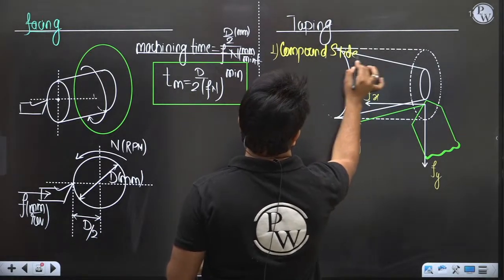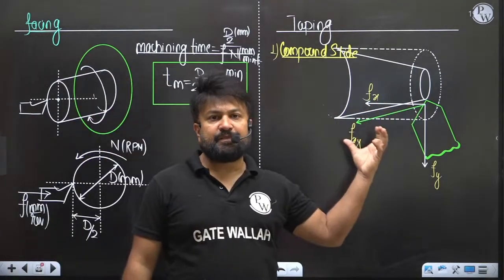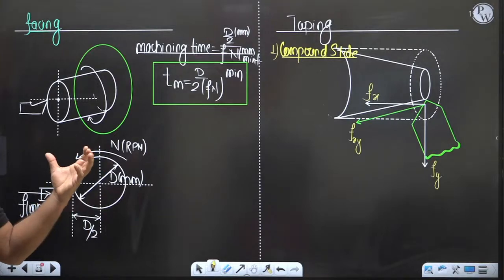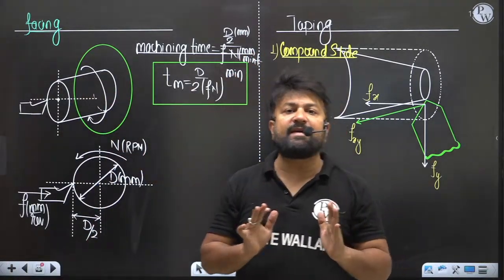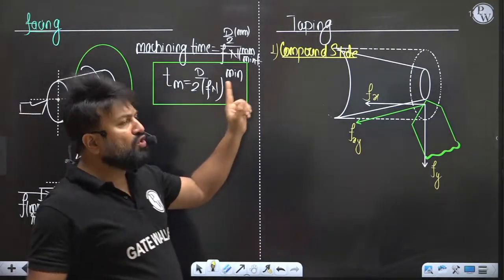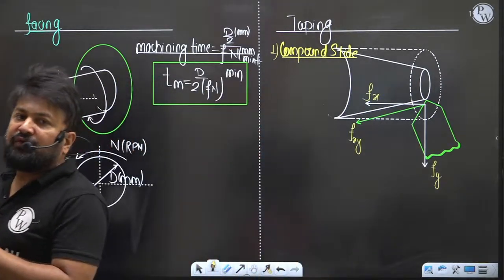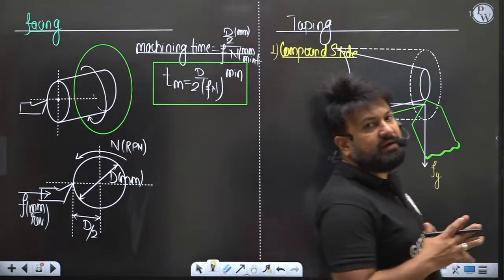In this method we move the tool manually. Here there is limited movement of the compound slide. Feeding is by hand, please remember what I am saying, and it is non-uniform. This is responsible for low productivity and poor surface finish, right?